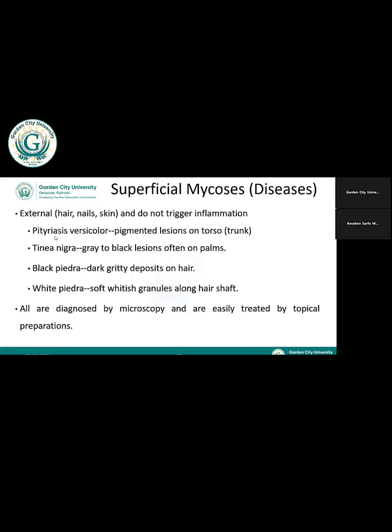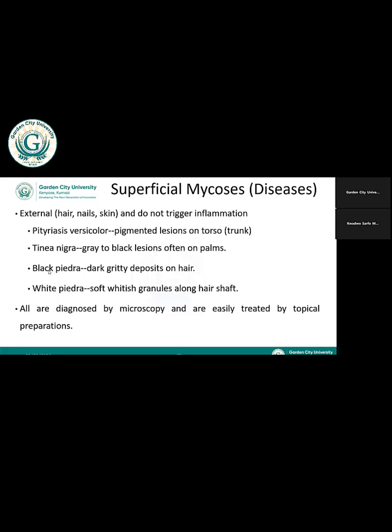So we can have pityriasis versicolor, which is a result of pigmented lesions on the trunk, the upper part of the body without the head. And these are external, so the skin is affected. Sometimes you can have the palms or the underfoot becoming affected, and this can be a condition called tinea nigra.